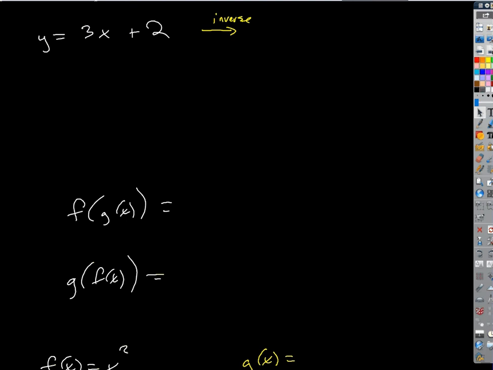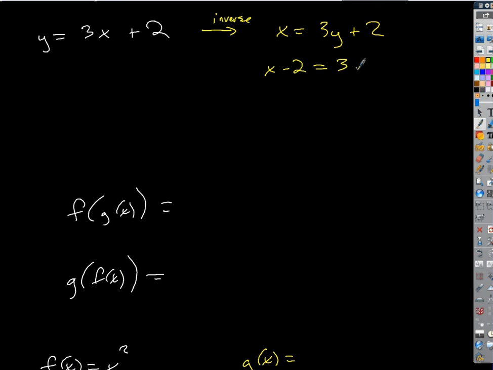How do I calculate an inverse? You switch the x and the y and solve for y. Very good. So we're going to flip the x and the y, and that gives us the equation x equals 3y plus 2. What would the two steps be in order to isolate y? Subtract 2.